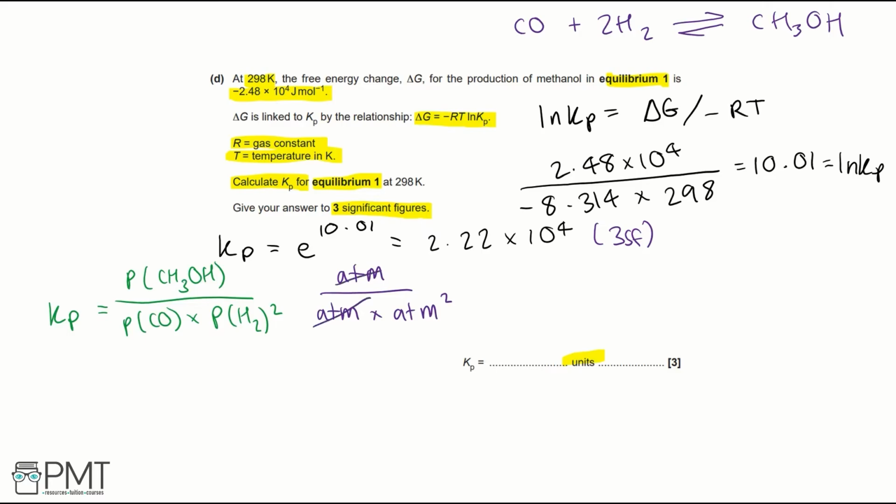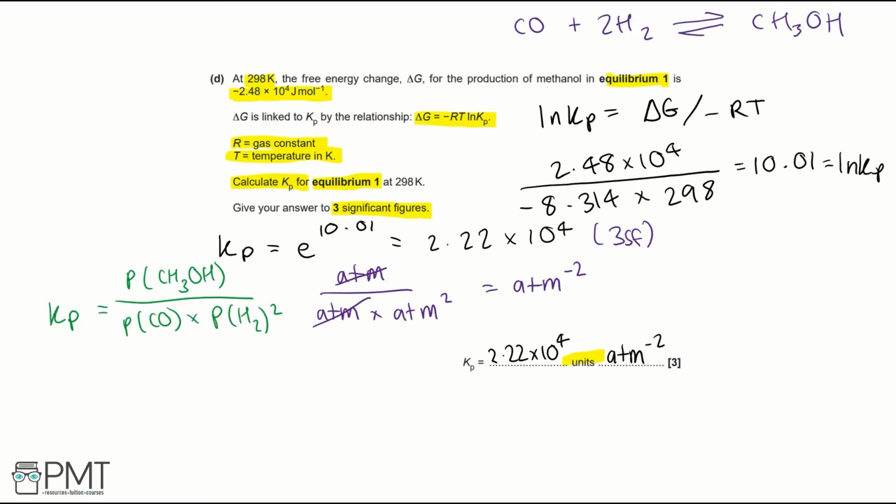We can cancel out these 2, so we're left with atmospheres to the minus 2 as our units, which we then write on the line, so atm^-2, and then 2.22 times 10 to the 4.